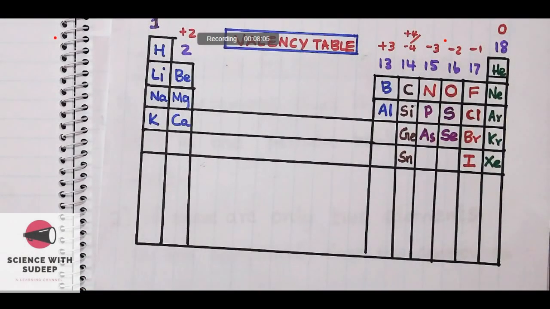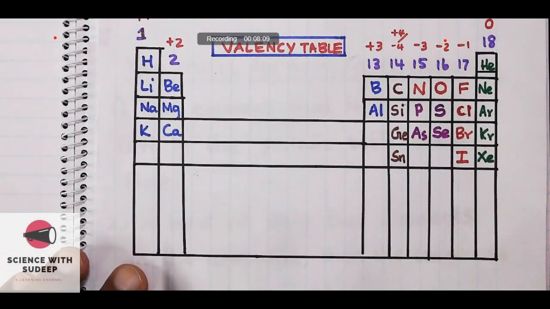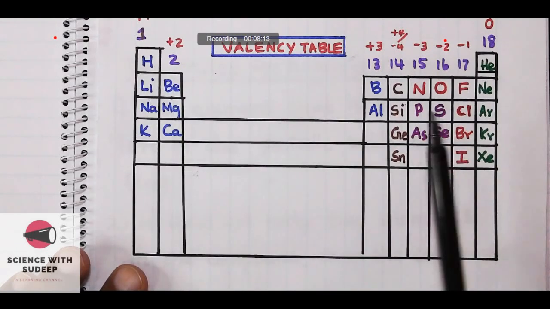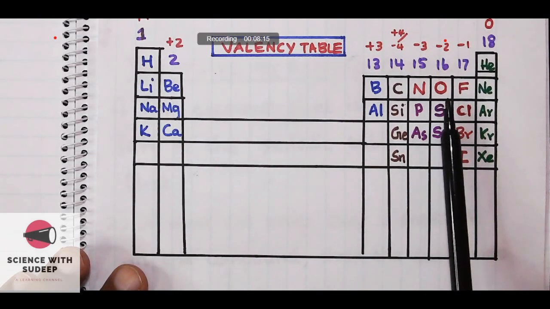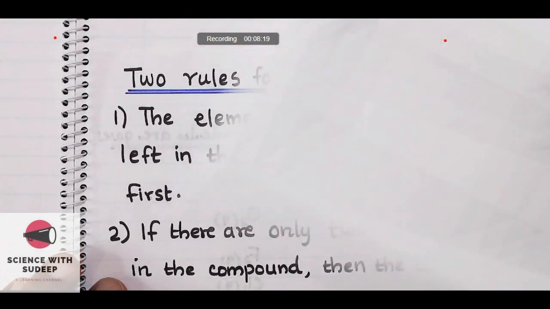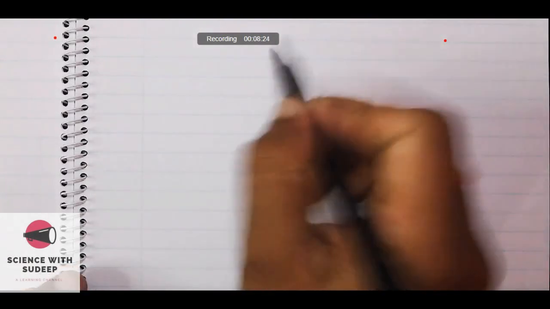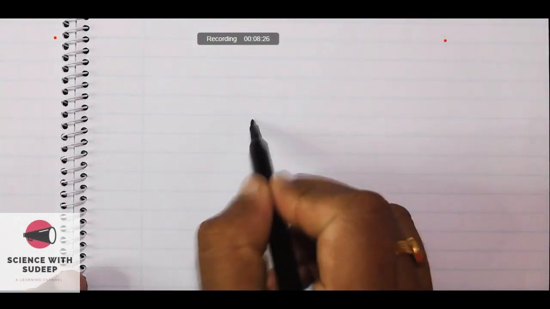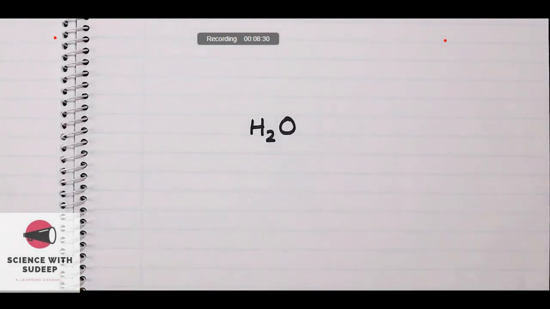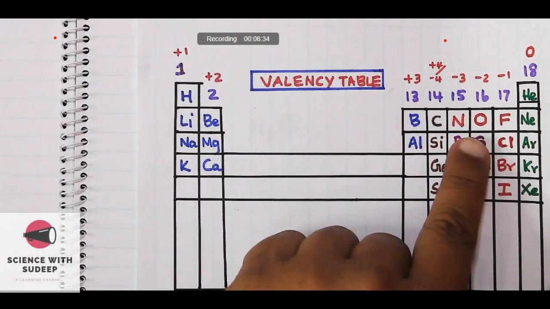In H2O, the position of H is on the left-hand side and the position of oxygen is on the right-hand side. That is the reason you write the formula for water molecule as H2O, because H is on the left side of the periodic table and oxygen on the right side.